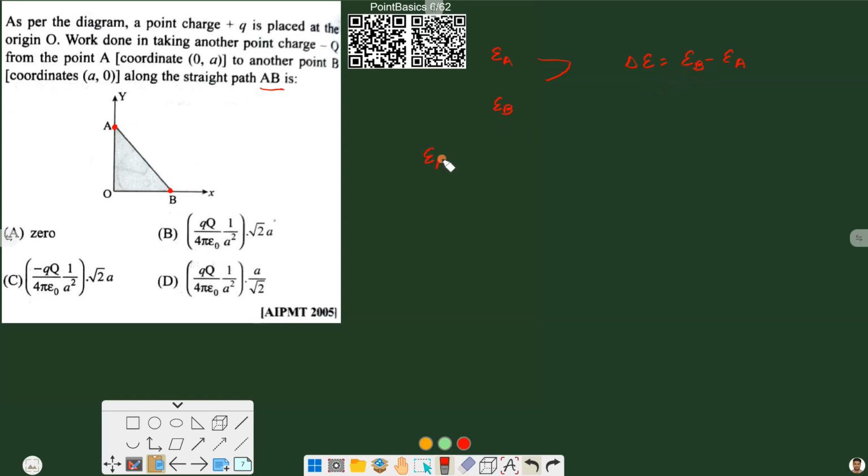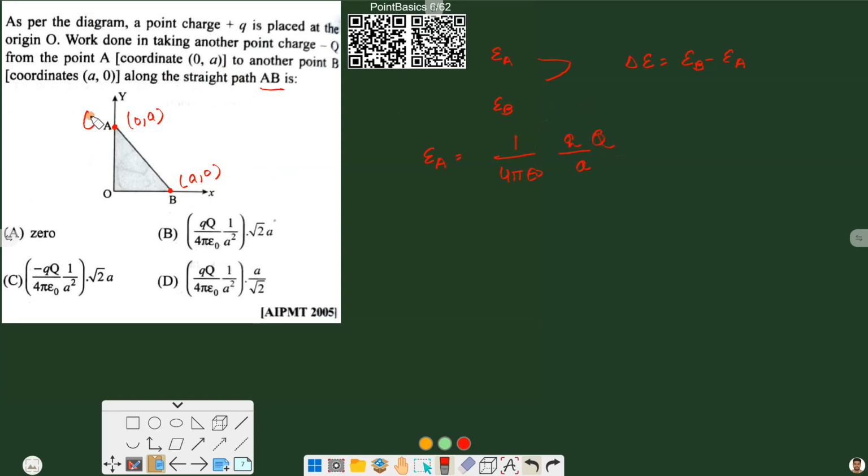Now we know the formula for EA is equal to 1 by 4 pi epsilon naught, at the center it is plus Q, and the distance between O and A, because the coordinates of O and A are 0 comma A, and the coordinates of B are A comma 0. Now the distance OA will be A, and the value of charge at A, suppose it is q.